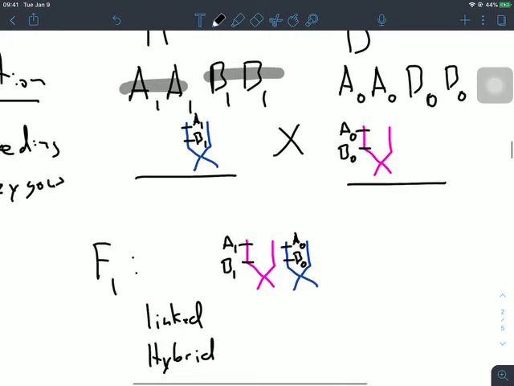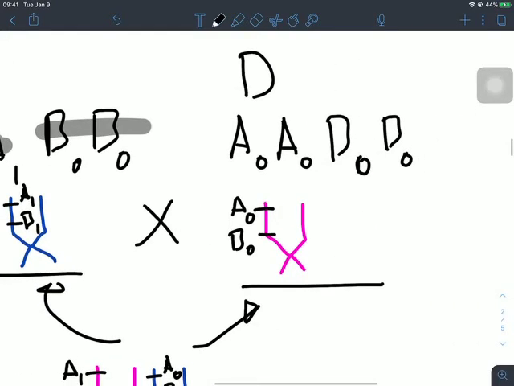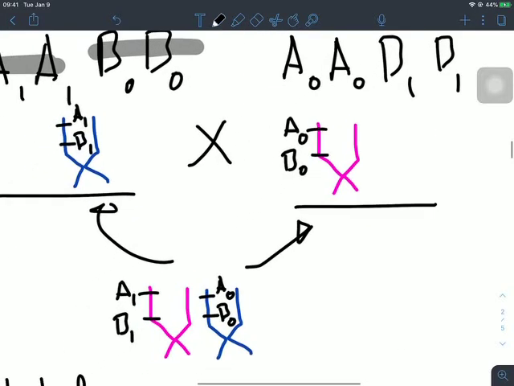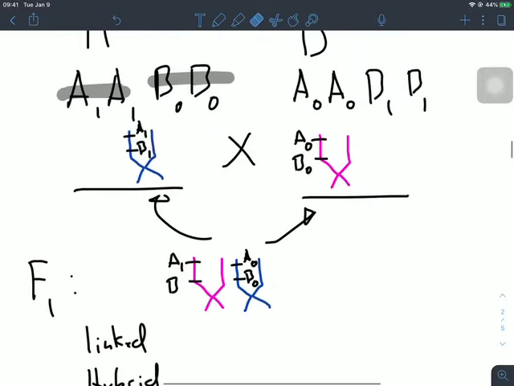And the linkage is determined by the types in the parents. I could have just as easily gone back and said that A1 was linked to B0 and A0 was linked to B1. This would have changed what was present down here by connecting A1 with B0 in the parental and A0 with B1 in the other parental.